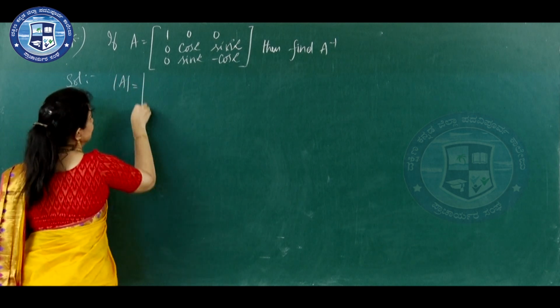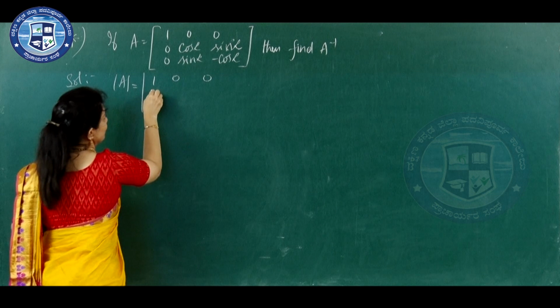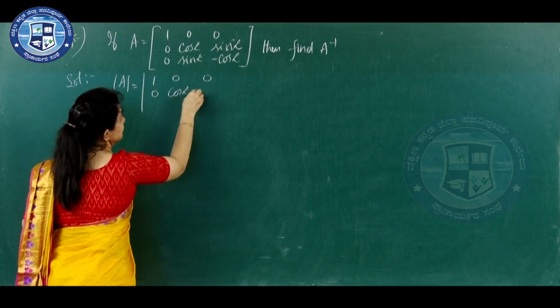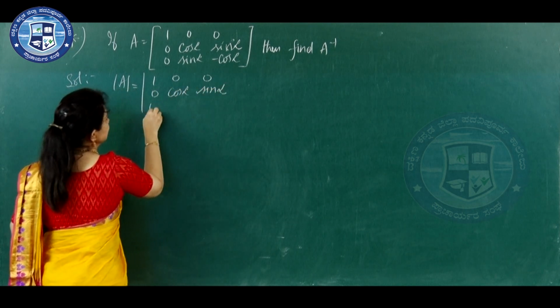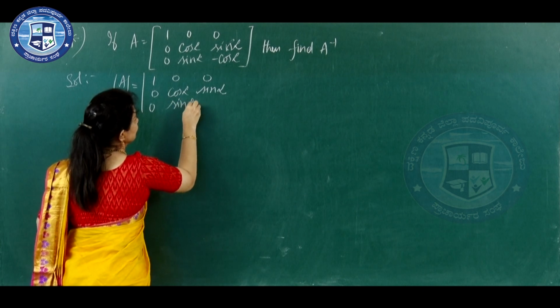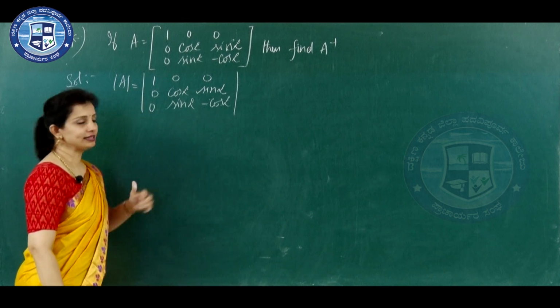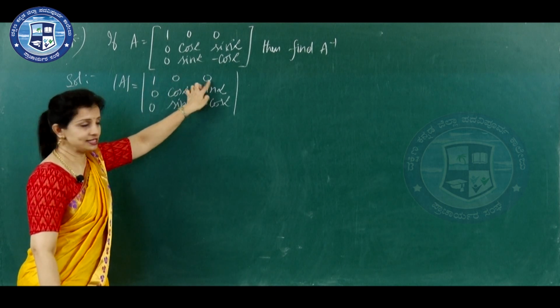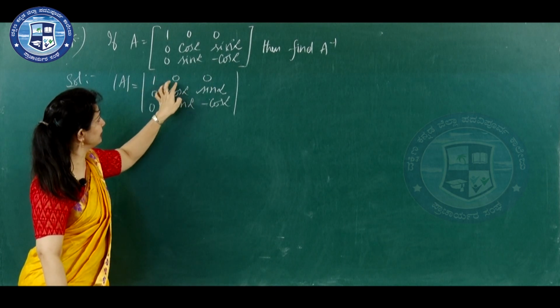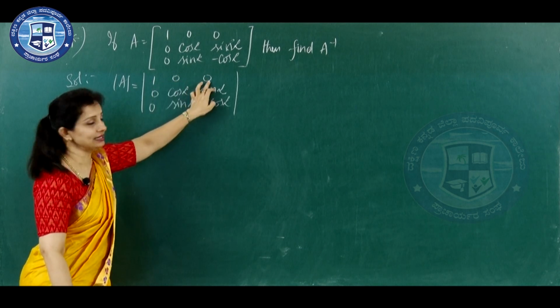Determinant A is the determinant of 1 0 0, 0 cos alpha sin alpha, 0 sin alpha minus cos alpha. Look at that. In the first row, the second and third elements are zeros.